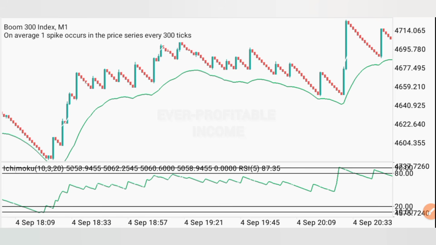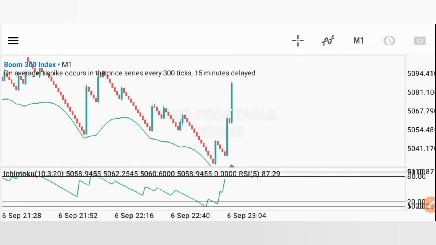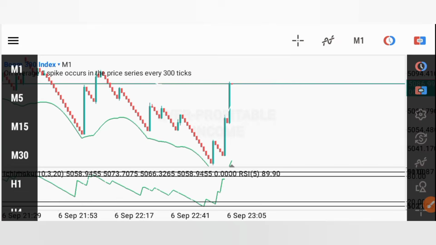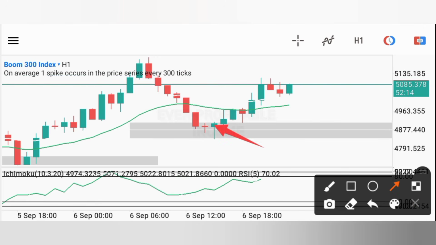Now let me give you a bonus tip of what you should look out for at those entry points. On your higher time frame, at the support zone, ensure that you have a candlestick pattern visible. Now let's head over to the higher time frame. When you look at the point we have marked out, you can see that there we have a hammer, and we also have an indecision candle, which is a doji.